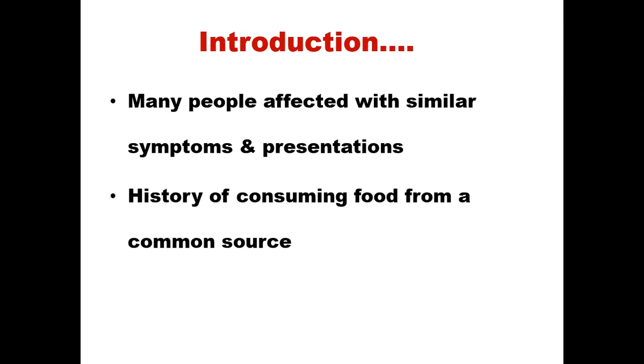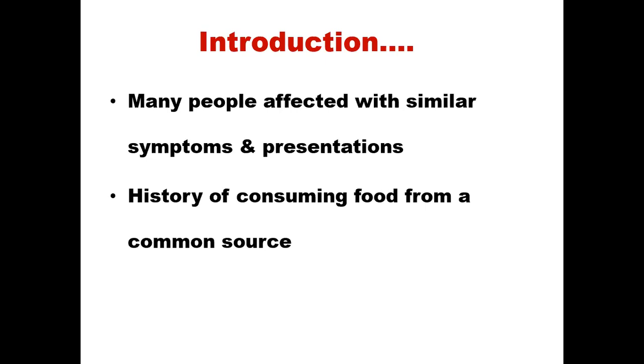Now, the hallmark of food poisoning is that you're going to have a lot of patients presenting to the clinic with similar symptoms. And if you take a very good history, you find out that there is a common source of exposure. What do I mean by this? Patient A comes in. He attended his friend's convocation party the day before. While at the party, he had a particular dish, okay?